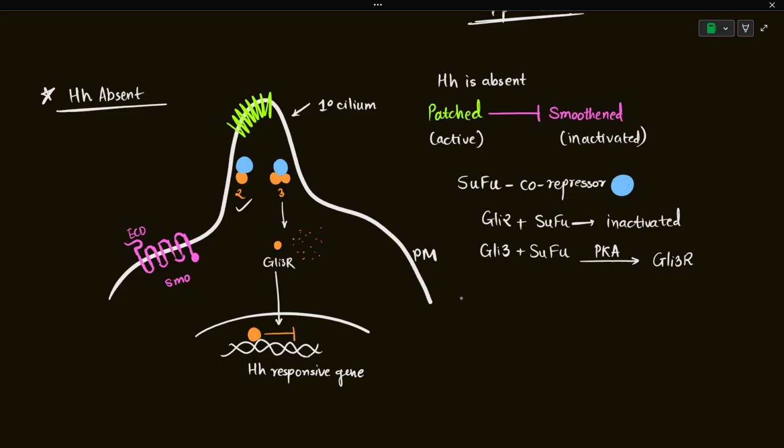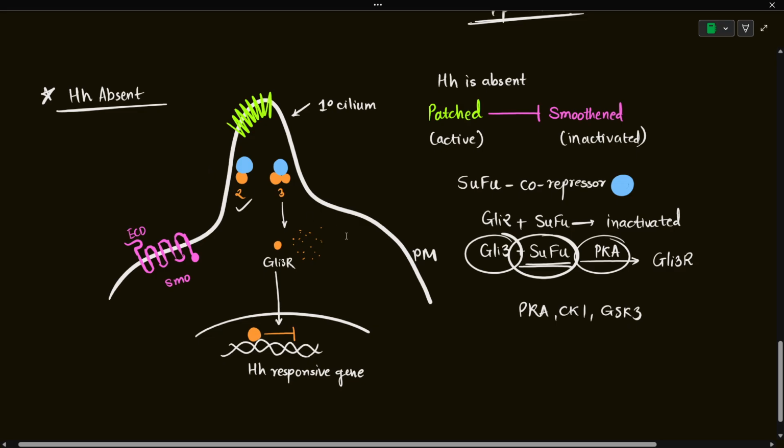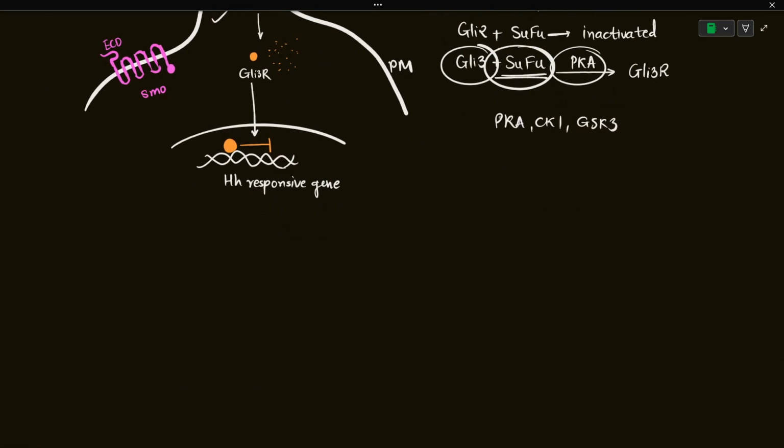So I told you that GLI3 binds with SUFU. SUFU protein is a kind of scaffold protein which provides a platform for attachment of the kinases such as PKA, CK1 or GSK3, which will be phosphorylating GLI3 protein. So let me just zoom in on this scenario a bit. This is GLI3 protein, which is bound with SUFU protein.